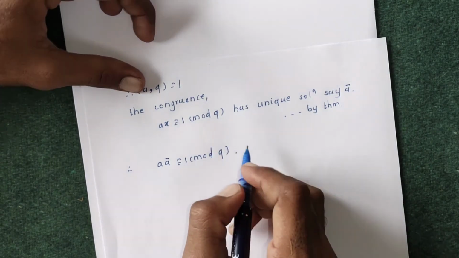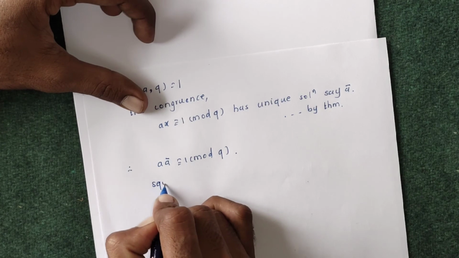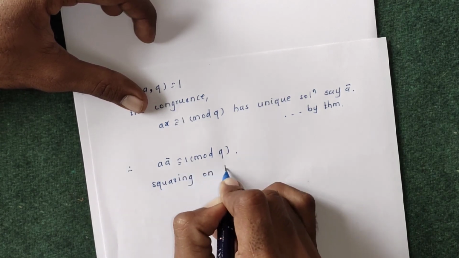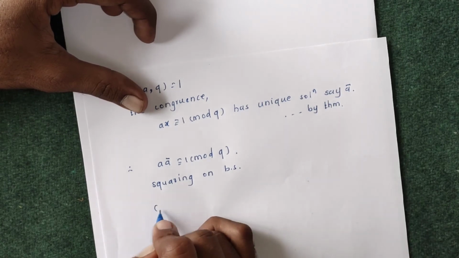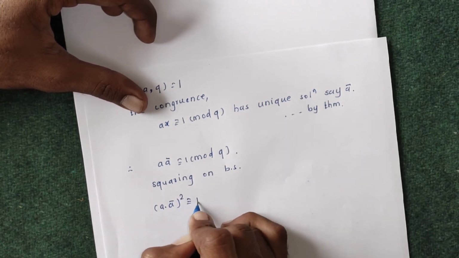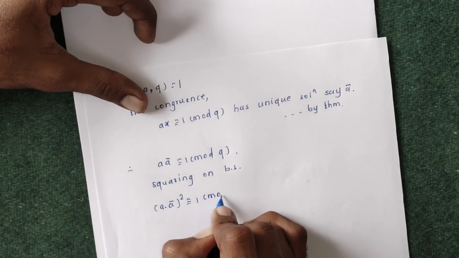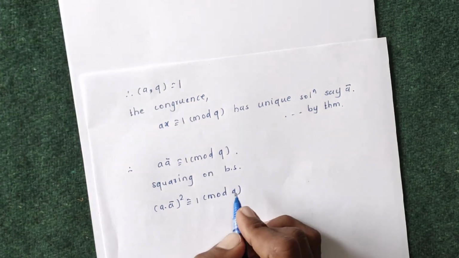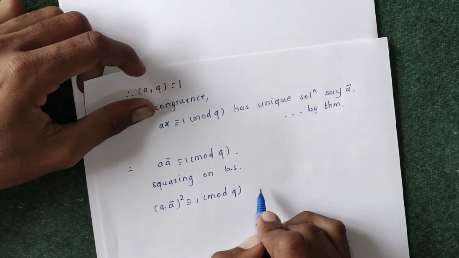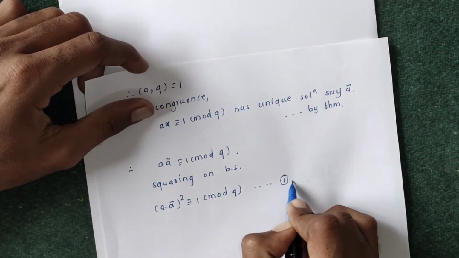Now squaring on both sides, we can write a bar square is congruent to 1 square, which is 1, under modulo q. Suppose this is equation number 1.